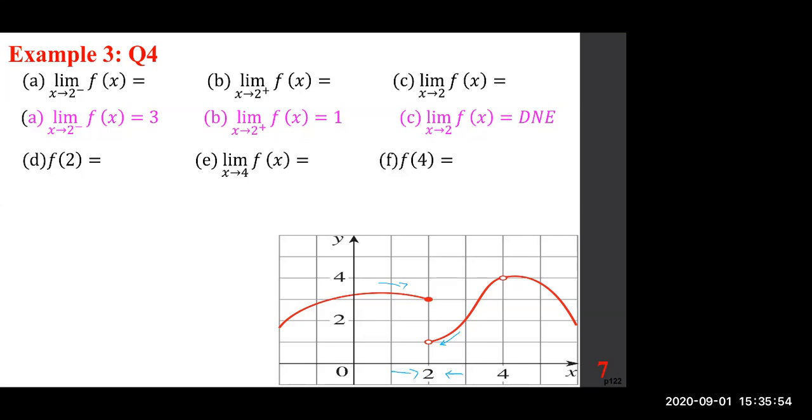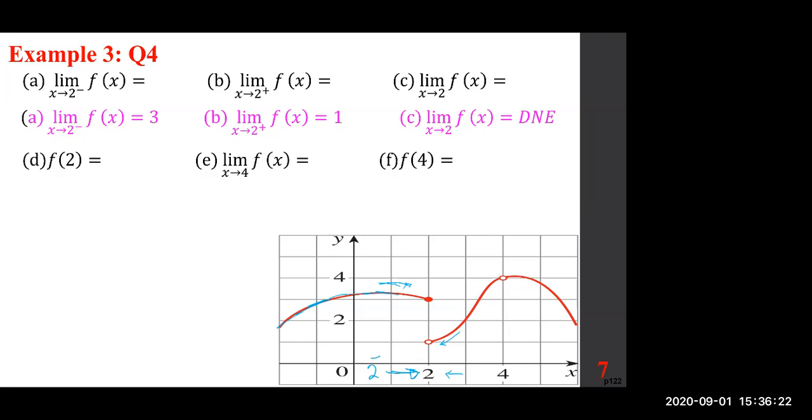Okay, so if you look at the very first part, we are approaching 2 from the left. You know that 2 from the left, that means come to the left side of 2. You're okay with that, right? Yes. And which branch is this? If you look at the graph, there are 2 branches. So do you see this branch? Yes.